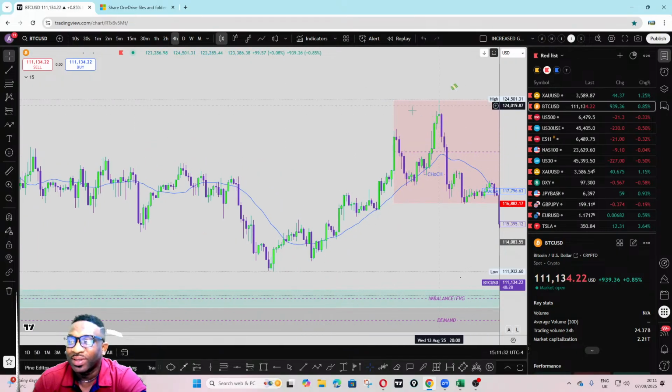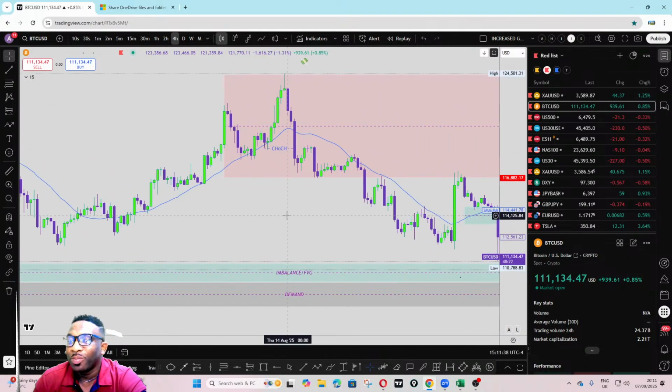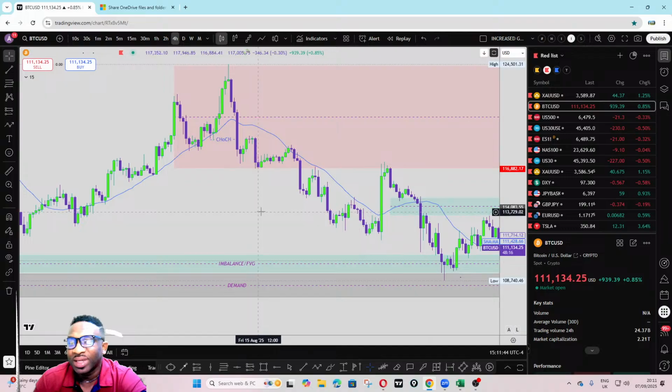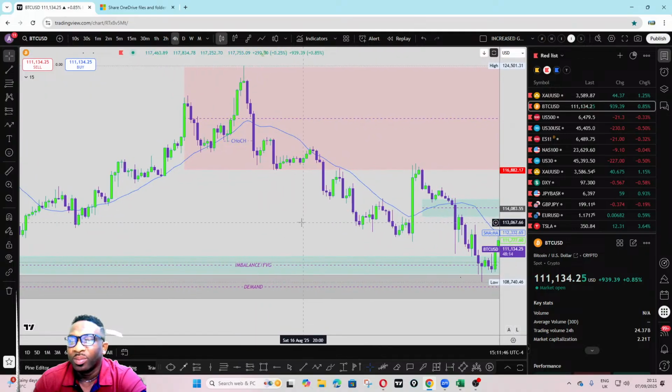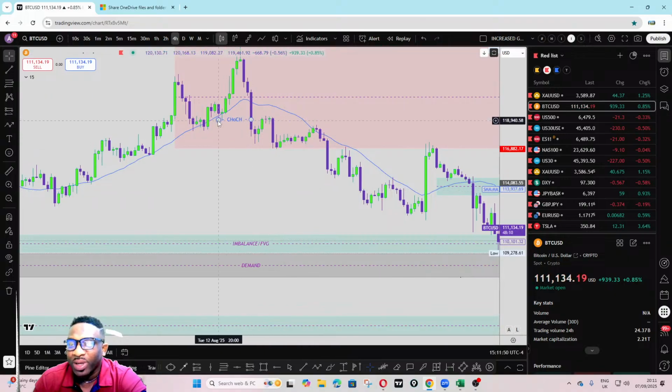So the moment you see things like this, especially a rejection candle and engulfing, you have a higher chance of winning in this kind of move than anything else. Over here we had this change of character.